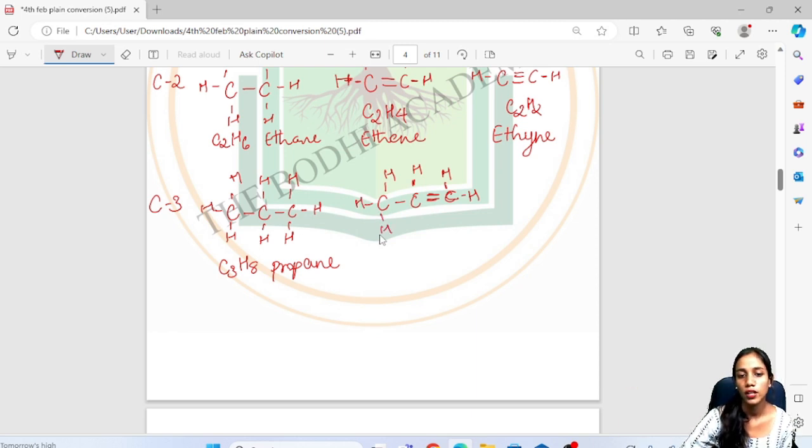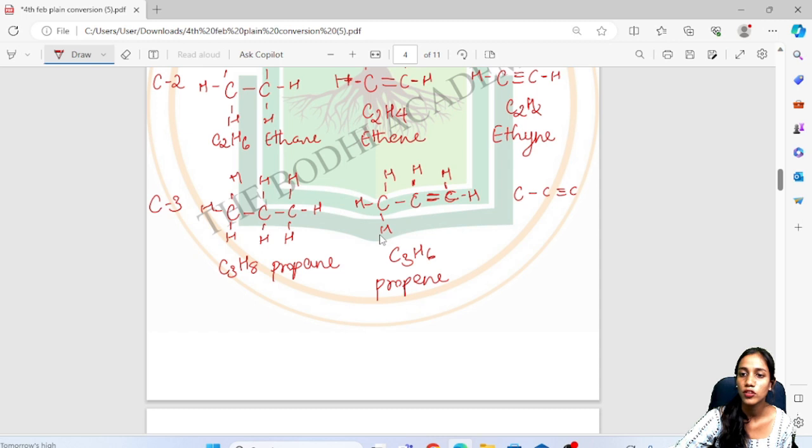So now we see that there are 3 carbons and 1, 2, 3, 4, 5, 6 hydrogens. And the name of this is propene.